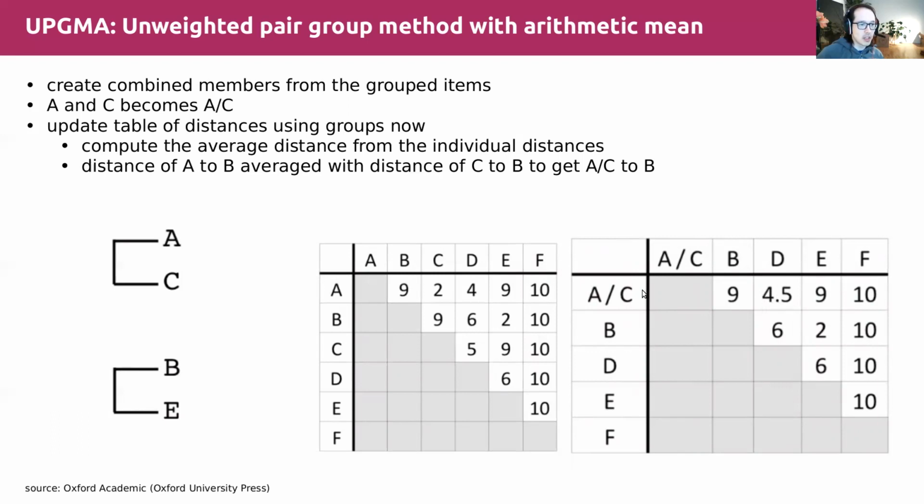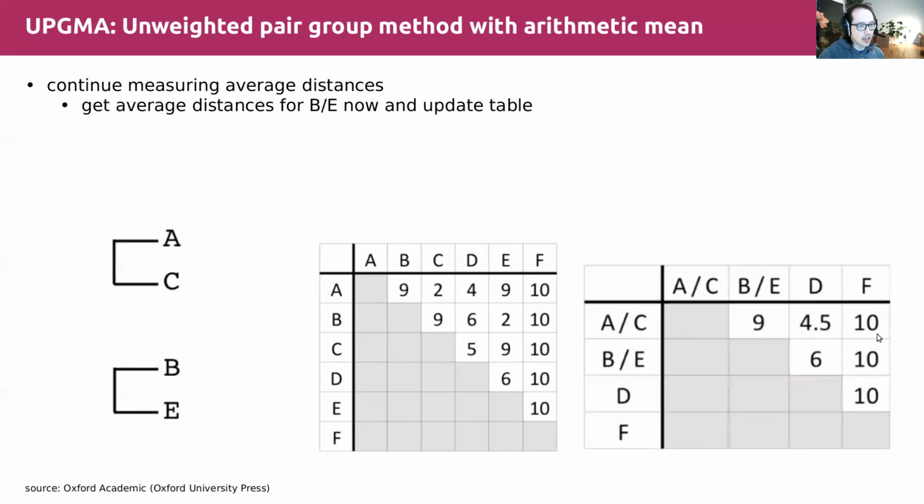And then we just repeat this for everything, and we fill up the table again, and then repeat this process for the other branch that we created for B and E. So you do the exact same thing, computing the average of the distances from B to each element and E to each element, and then averaging them to get the values that you would place in the respective positions.